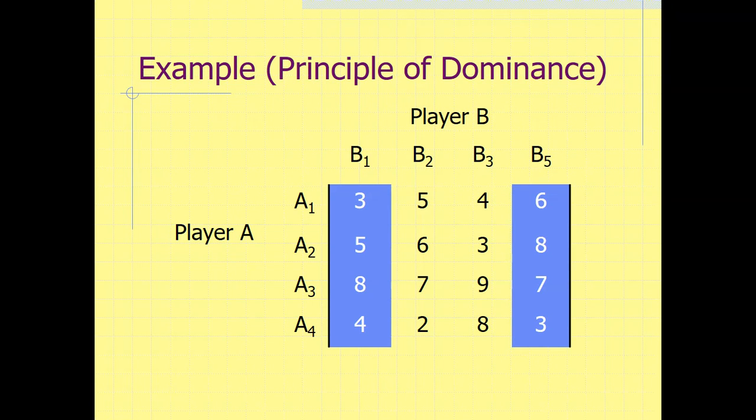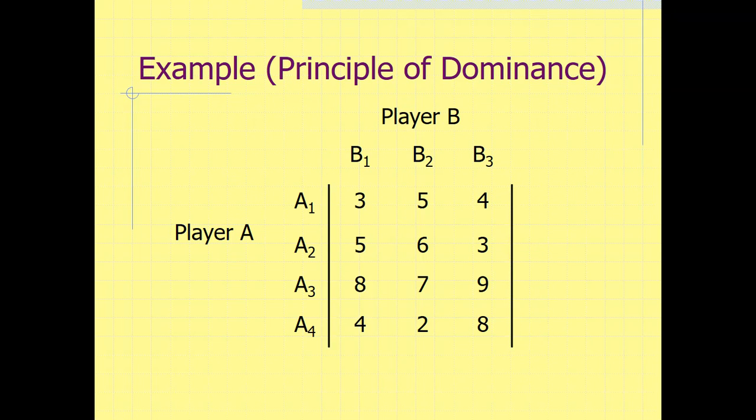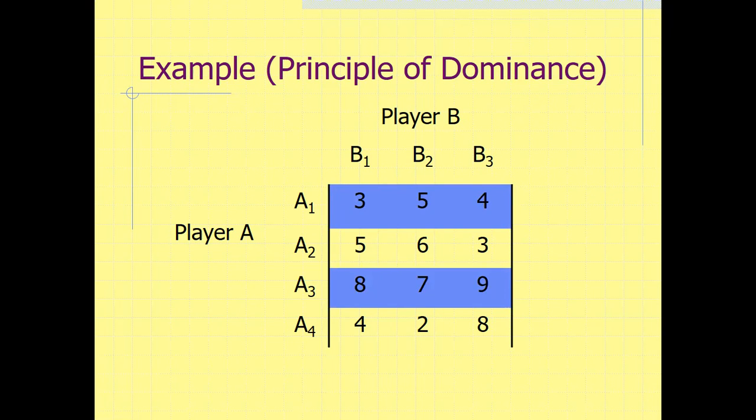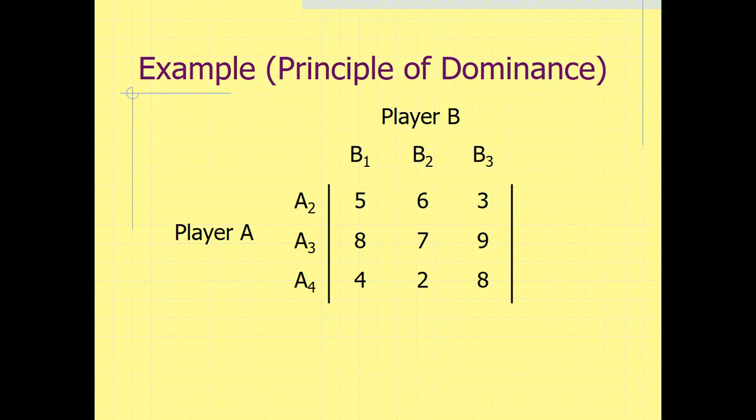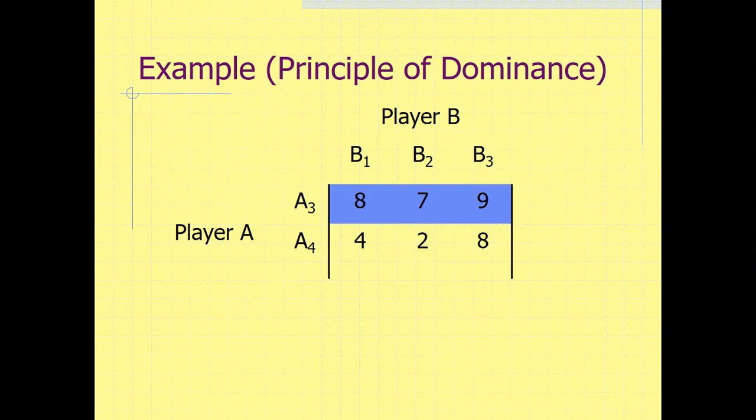Hence, by applying the principle of dominance, the fifth column being an inferior strategy can be deleted and the payoff matrix reduces to this matrix. Again, we observe that the elements of the first, second and the fourth rows are less than the corresponding elements of the third row. Thus, the third row dominates all the other 3 rows and accordingly the first, second and fourth rows are deleted.